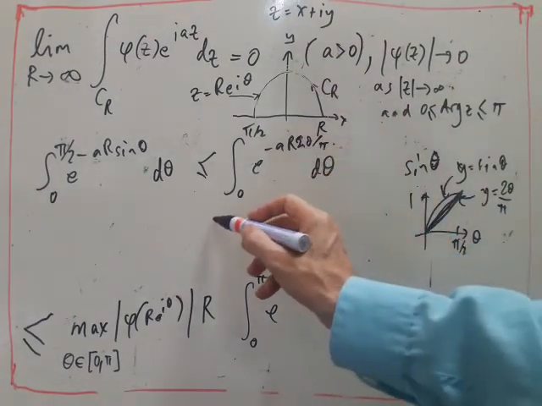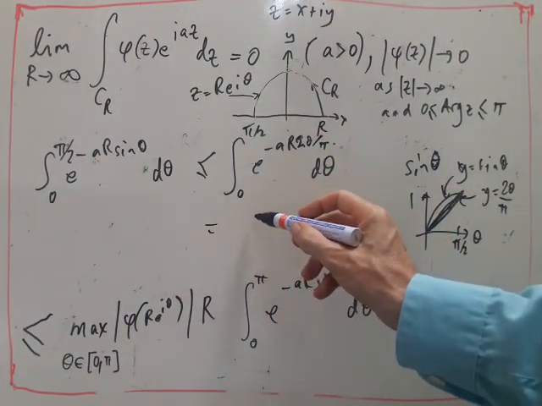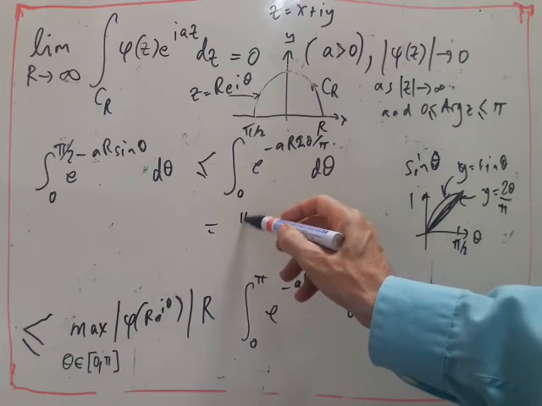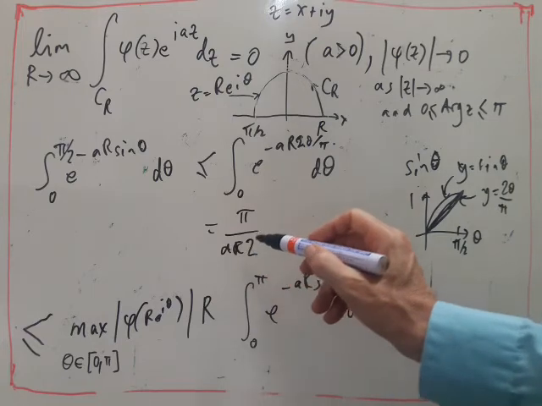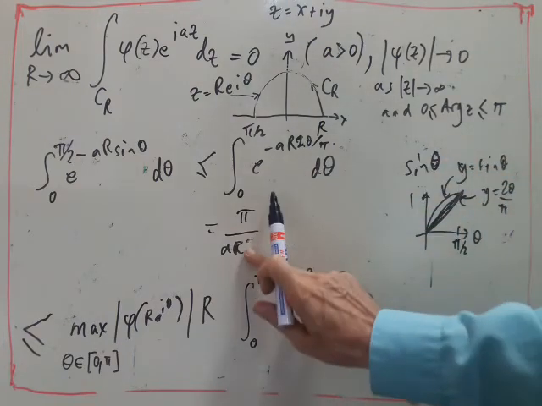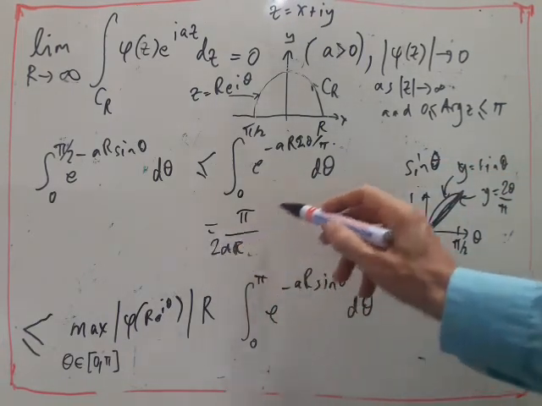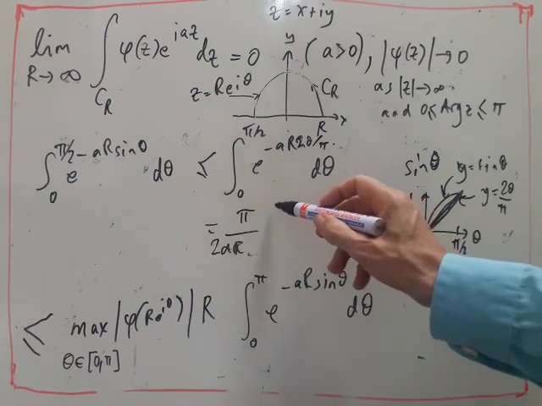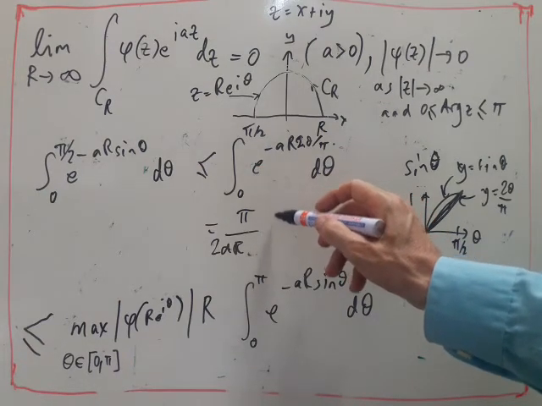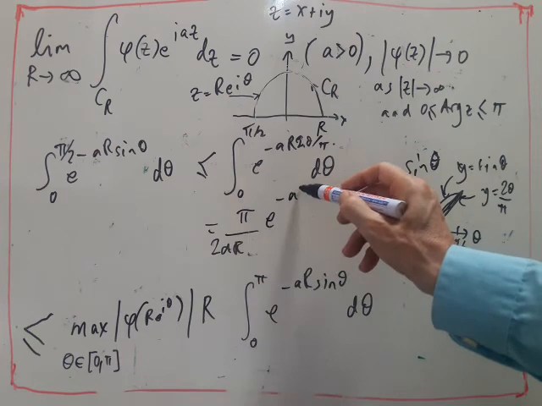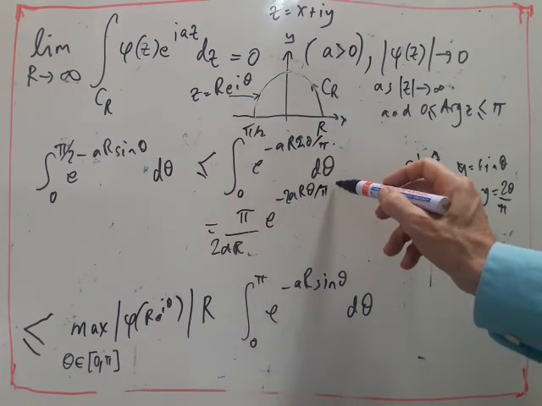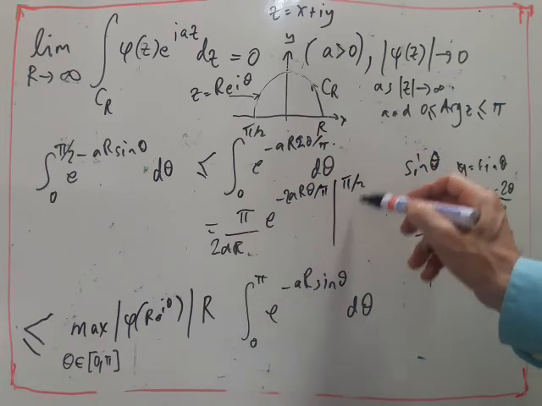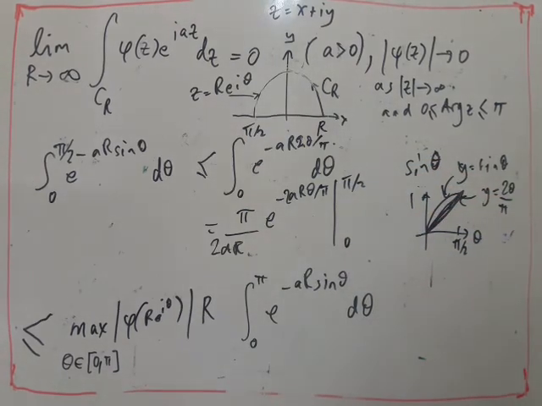So what do we get? This is equal to pi over 2ar, it looks a bit strange, times e to the minus 2ar theta over pi evaluated between pi by 2 and 0.